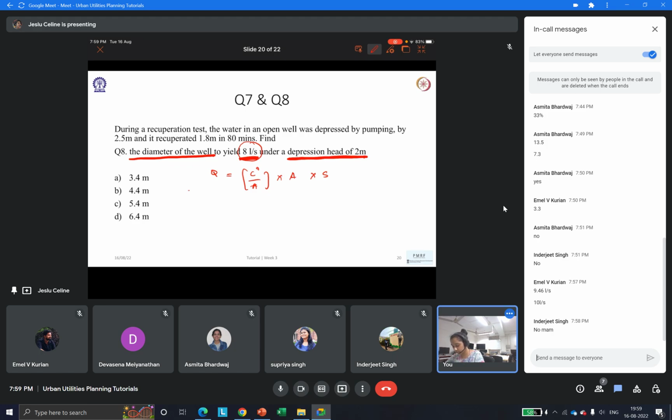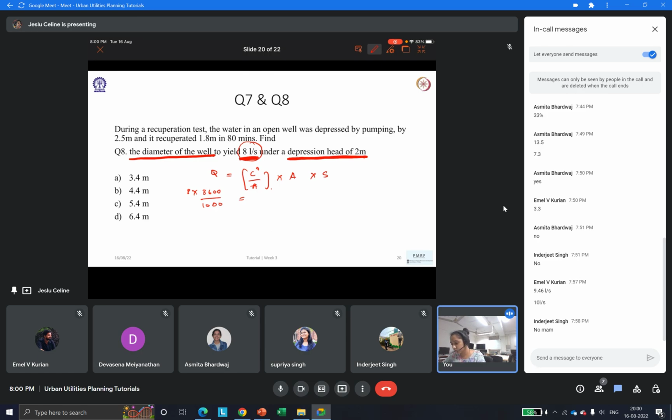So it goes like 8 into 3,600 divided by 1000, that is, cubic meter per hour, which is what we're taking over here.